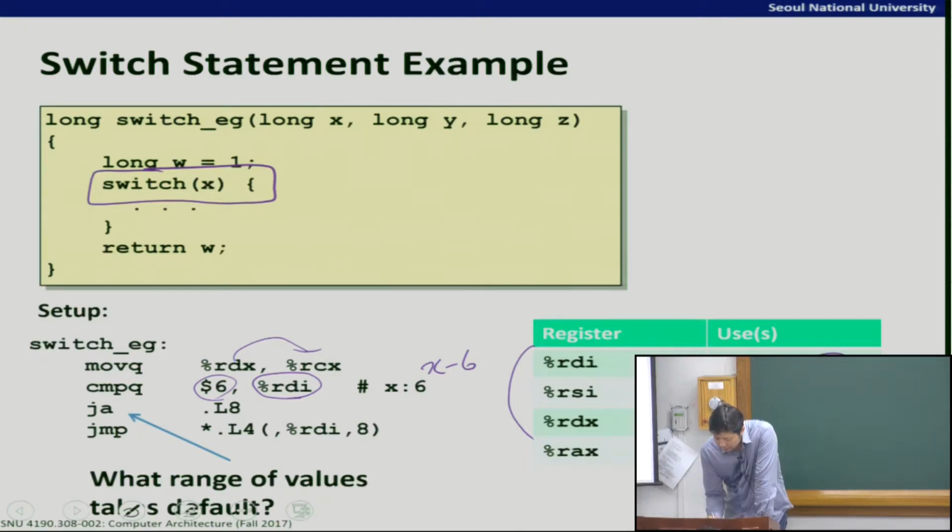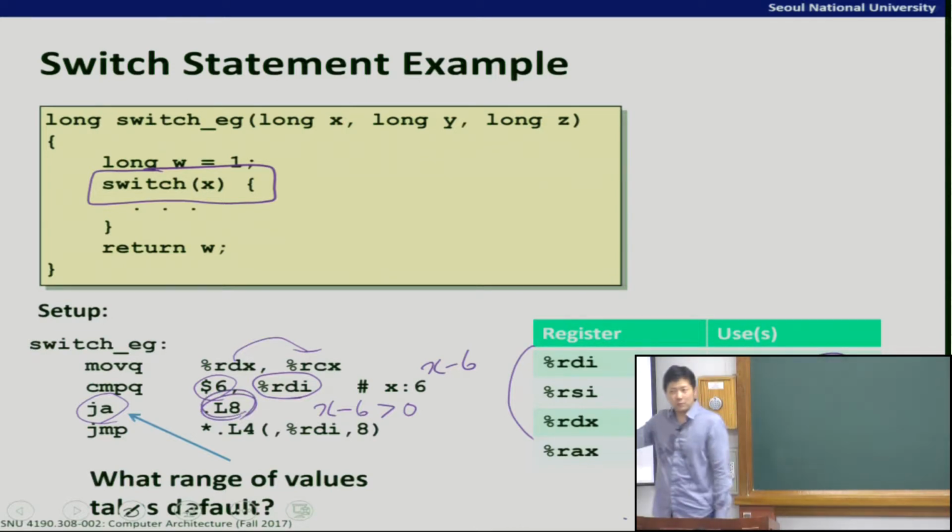Then in the next instruction, it's a jump above, and above means greater than. So if x minus 6 is greater than 0, you go to the label L8.